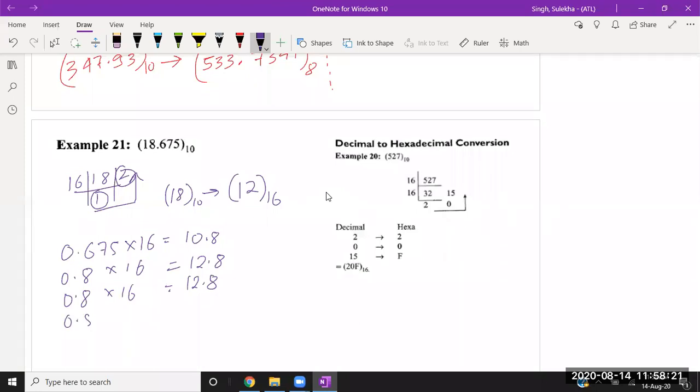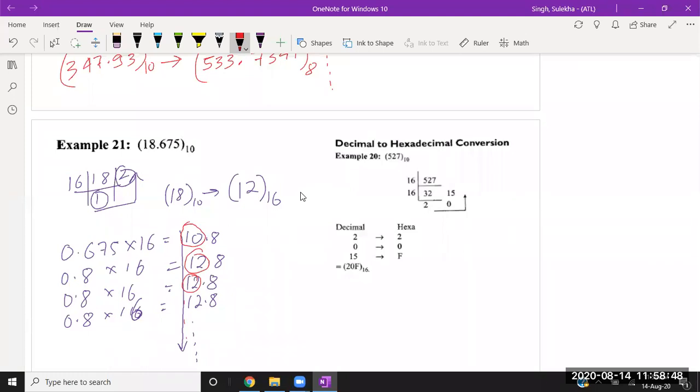Again, if you multiply 0.8 by 16, you will get 12.8. Again, you need to take 0.8 again. So you can see your 12 value is recurring. Okay, and you need to write your answer in this way. In this case, I need to take these values 10, 12, 12, and so on.